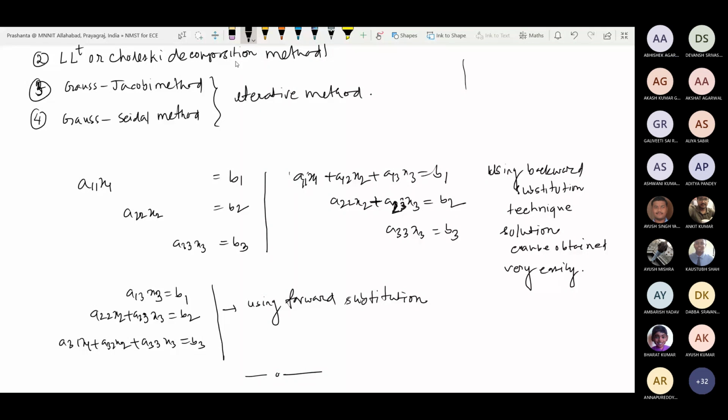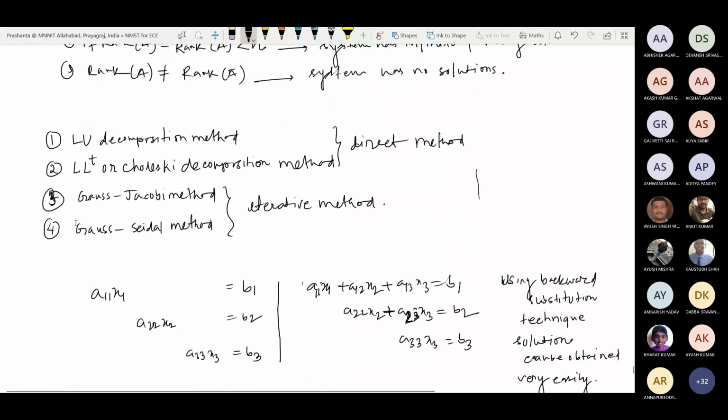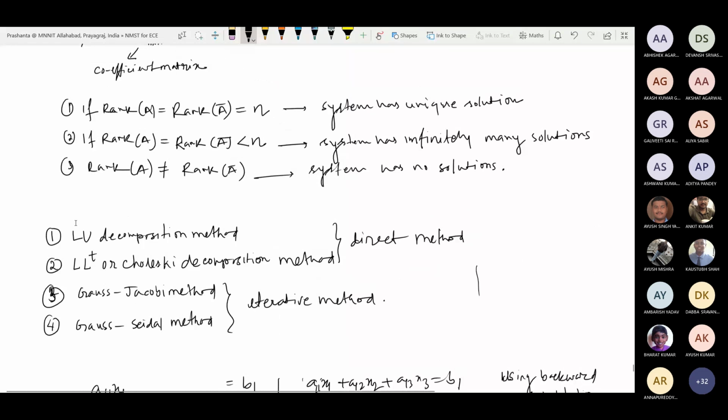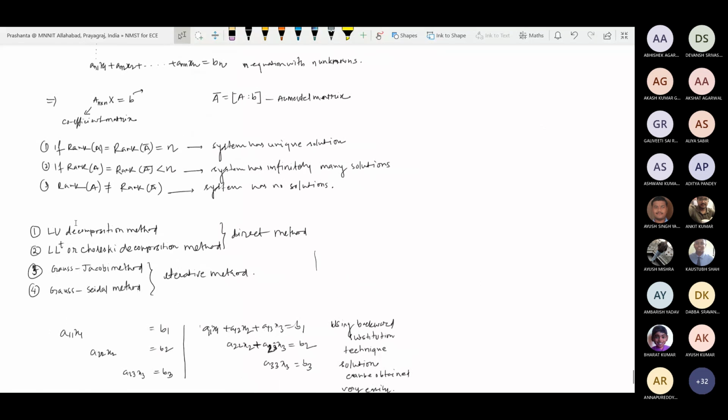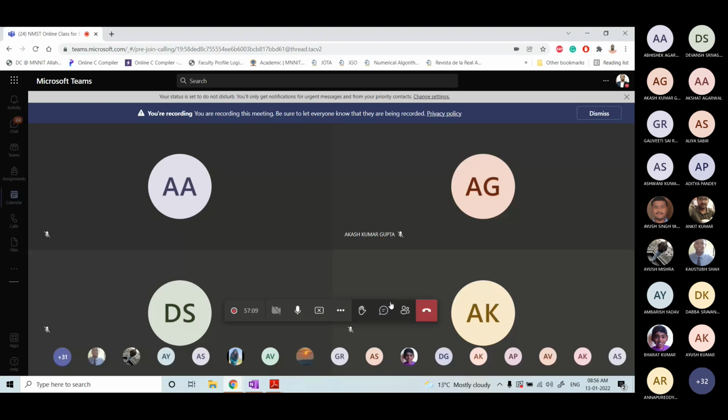Remember, you should be attending the classes. This unit is going to be very easy, solving system of linear equations. If you do not have any doubts, you may leave the class. So let me stop the recording.